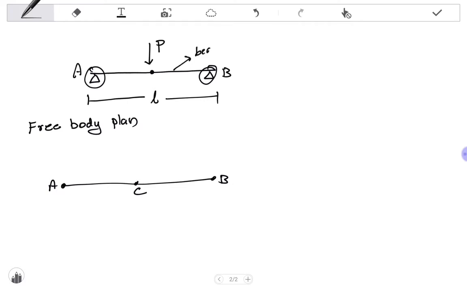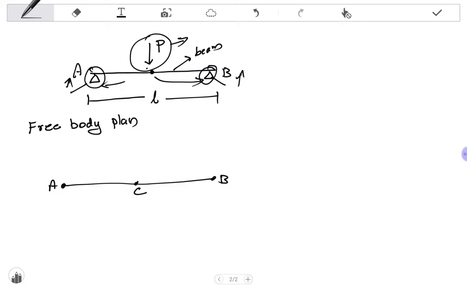When a weight is acting downwards, since the beam is resting on these two supports, the weight acting on the beam will be distributed between both the supports. There will be forces acting on the beam: one force acting vertically downwards, and other forces acting at the supports, acting upwards to support the beam.